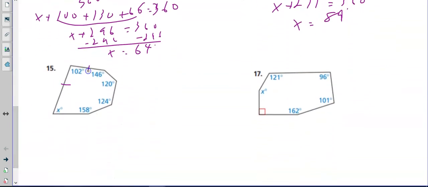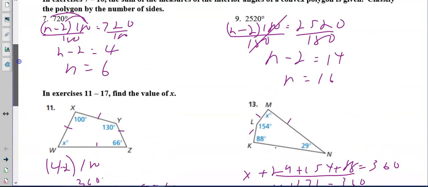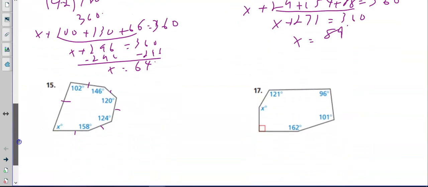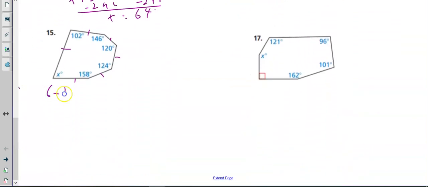Now here we have a 1, 2, 3, 4, 5, 6-sided figure, which, if you notice up here, 6 sides is 720. But again, we could do 6 minus 2 times 180 and get 720. Just using your resources. And again, we're going to just add these up.